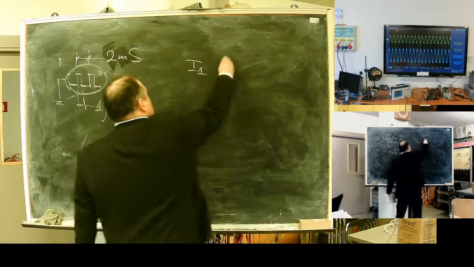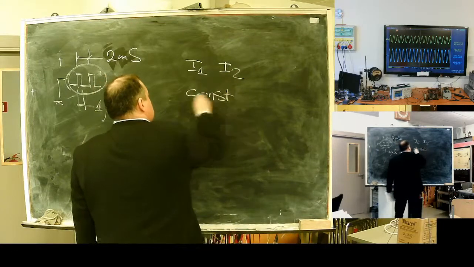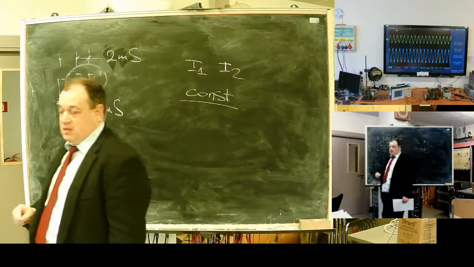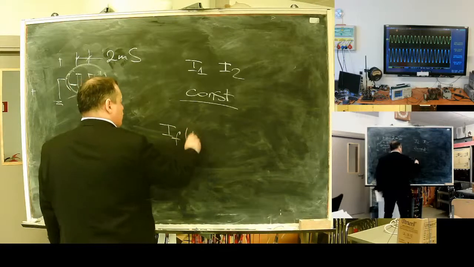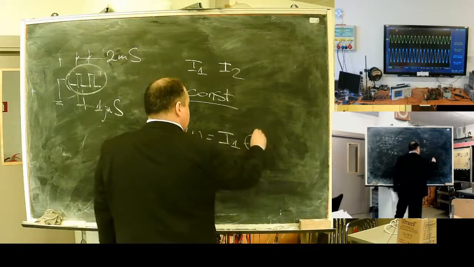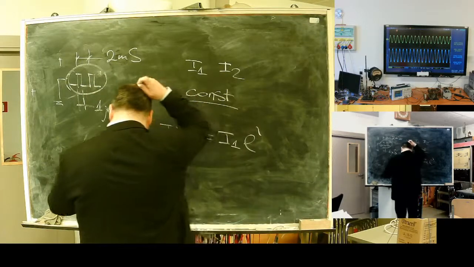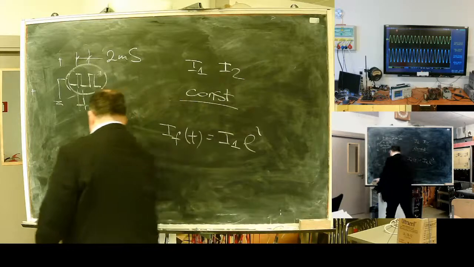These I1 and I2 are constants. They determine the current. Okay, so from the lambda values we can find lambda and so on.